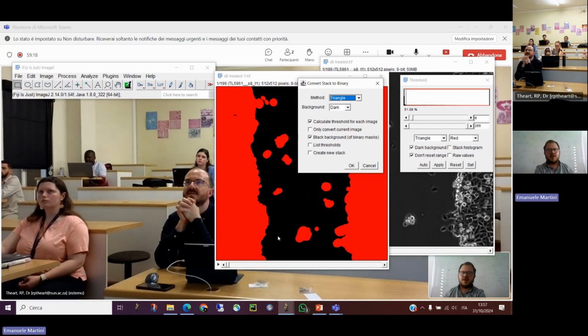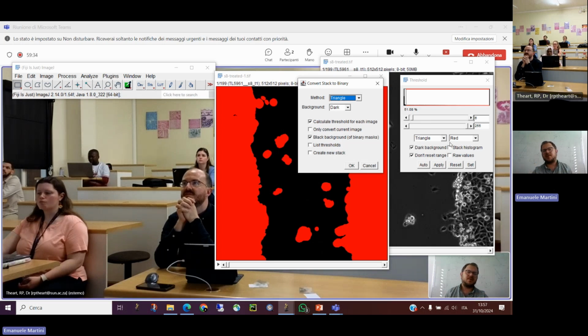In the first frame you will get a value of intensity, because you remember these are automatic methods that extract the intensity value based on the histogram. So it will get the histogram of the first image and calculate the triangle method. The triangle method says that everything above this intensity value, 36, will be considered of interest. It will be red.